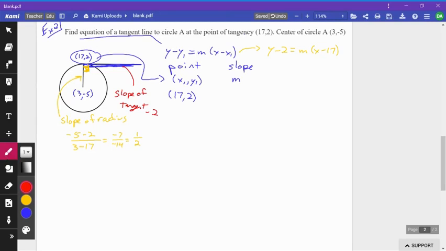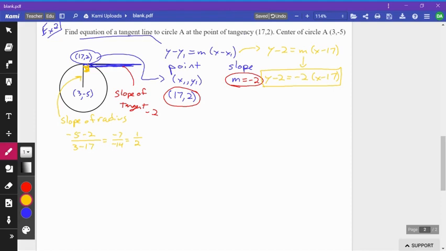So now I have everything I need. I know the slope of the tangent line is -2. I know the point that the tangent line goes through is 17, 2. And all I got to do is finish up and write this slope as a -2. And I have my equation of the line.